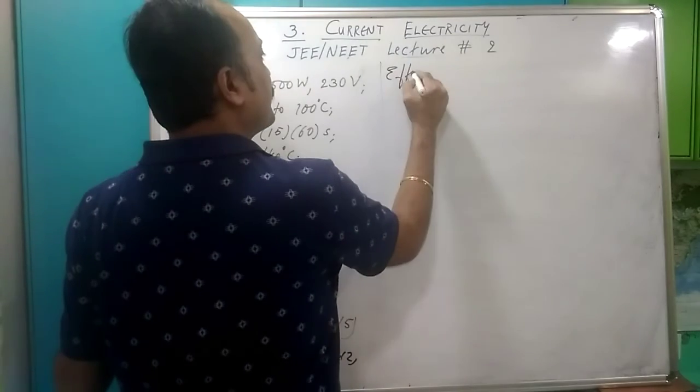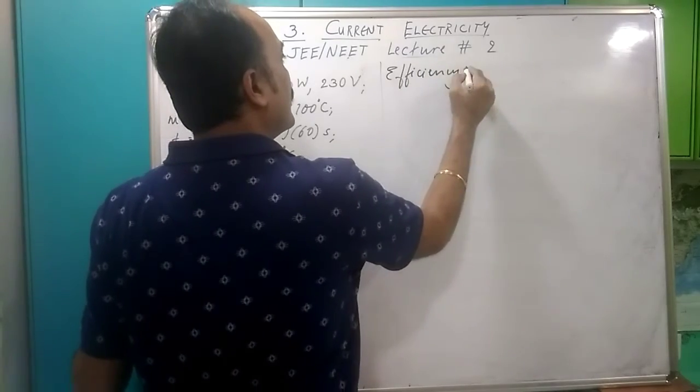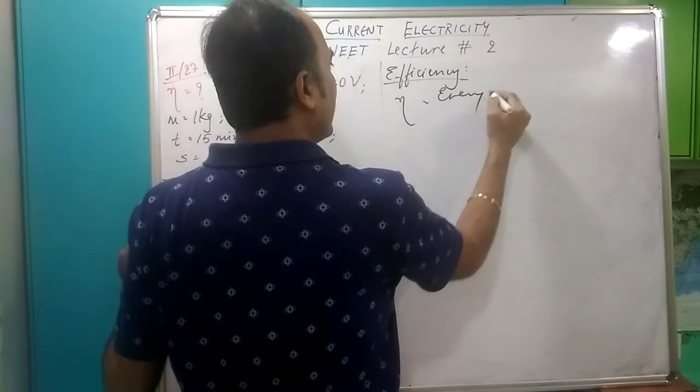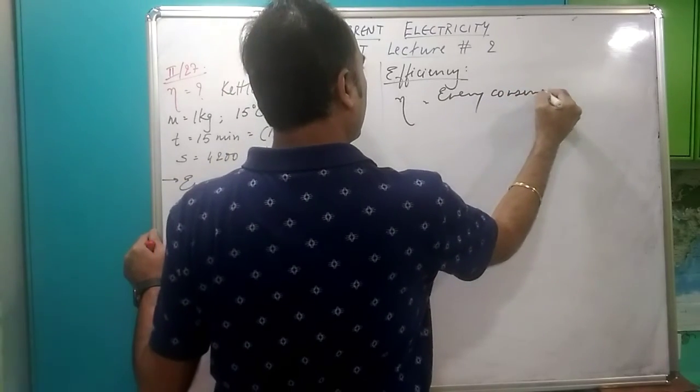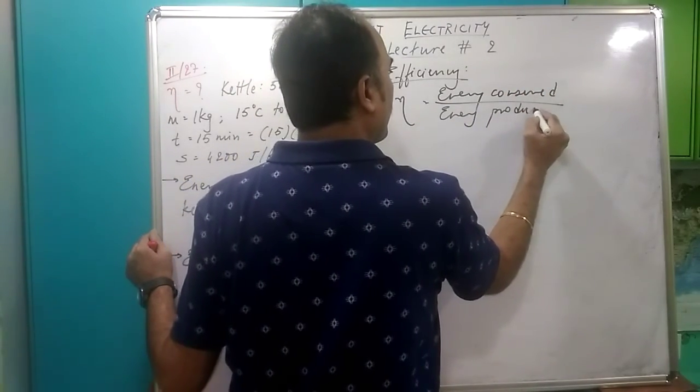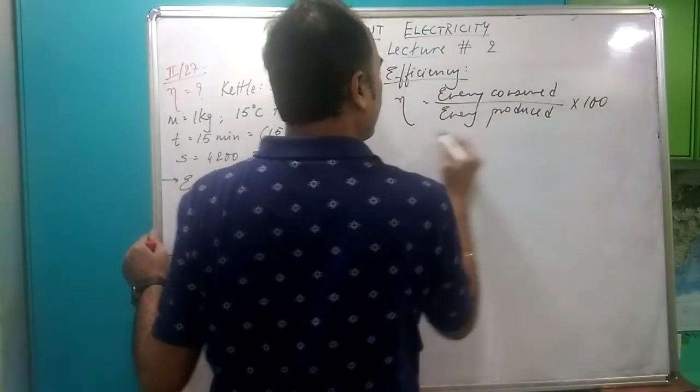Now efficiency, if you have known, is called eta. It is energy used or energy consumed upon energy produced into 100.